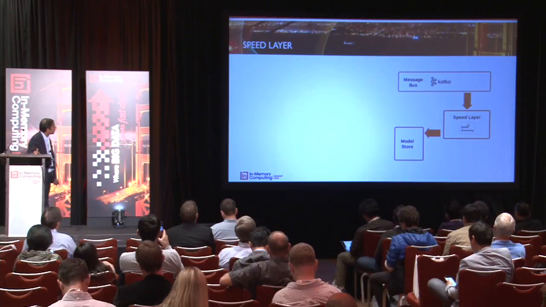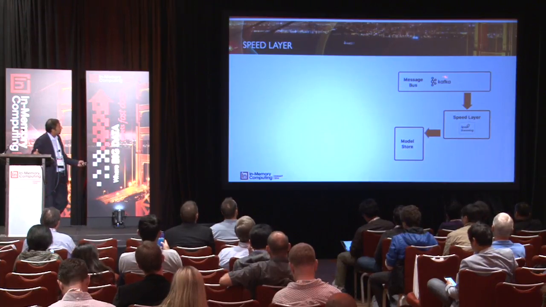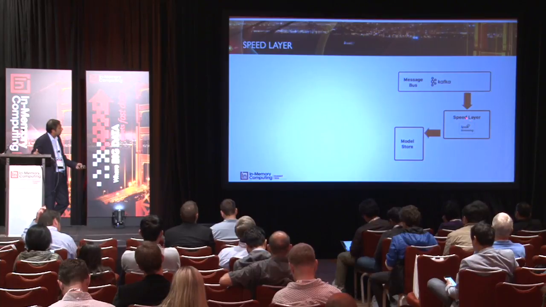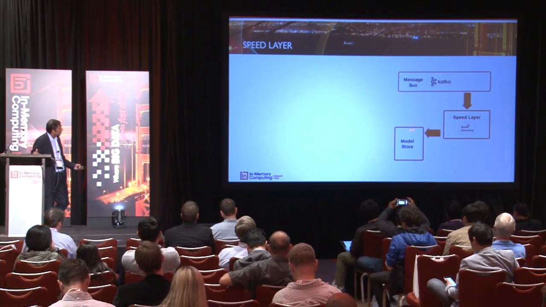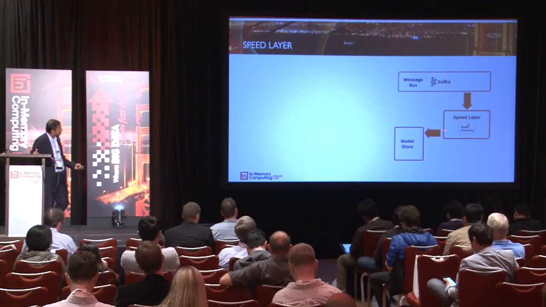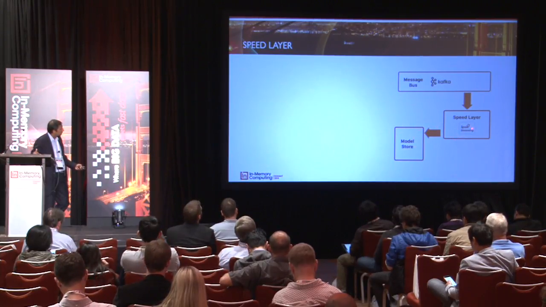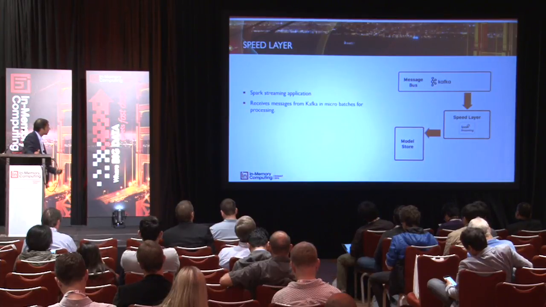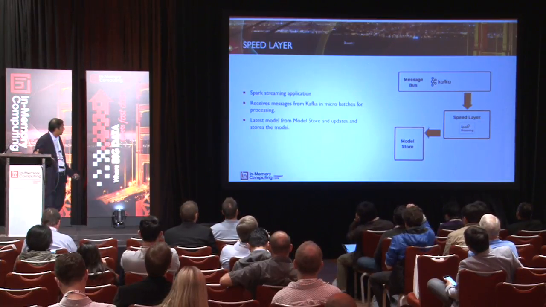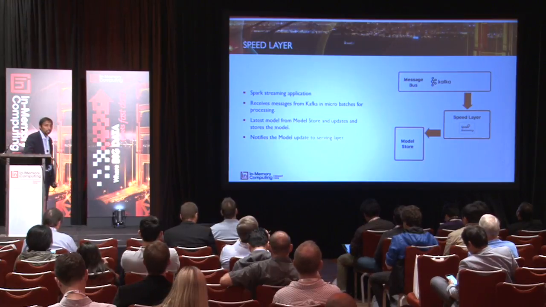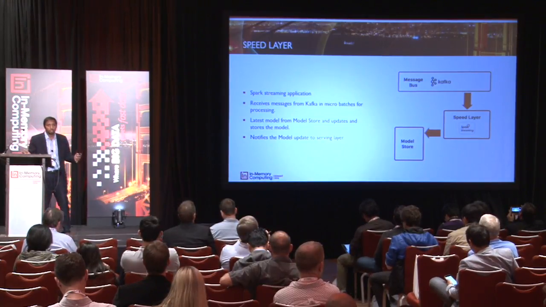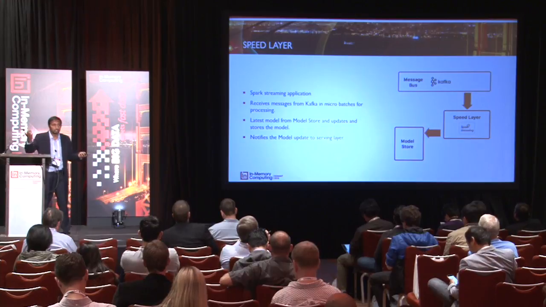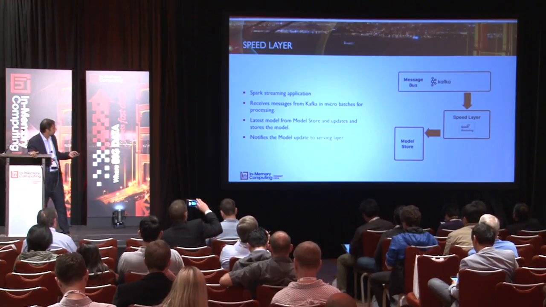So the speed layer takes these messages from Kafka, gets the model, updates the model with this new batch, and stores it back. There should be an arrow here which is missing; it's an arrow in both directions. It's a Spark Streaming application that receives messages and notifies the serving layer, saying, okay, I have updated the model. You probably want to use that new model to give new actions or new recommendations, depending on the application.